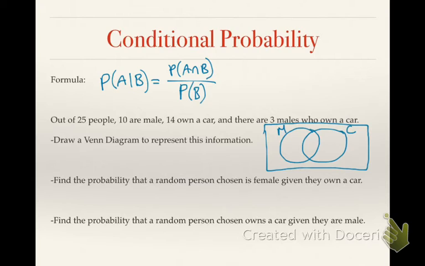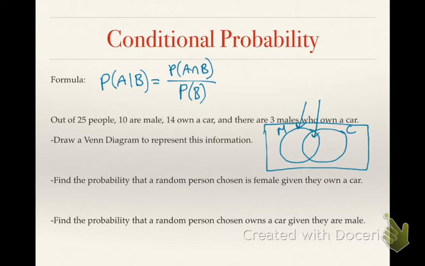Now notice there's complements to every event. The complement to a male is going to be a female. Anyone who's not a male is a female. Anyone who owns a car, the complement to that is not own a car. So it's important to know what each part of the Venn diagram represents. This part right here represents those males who do not own a car.